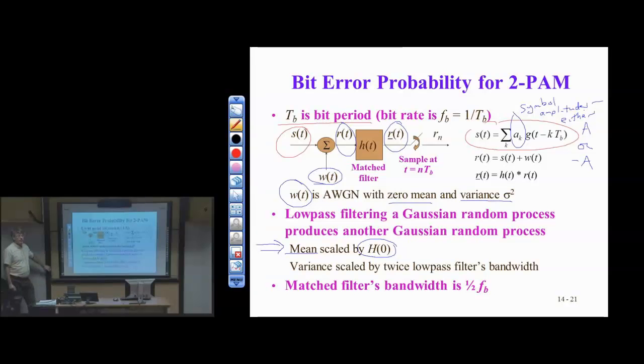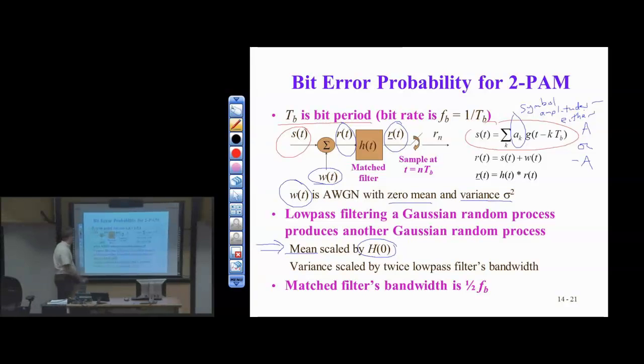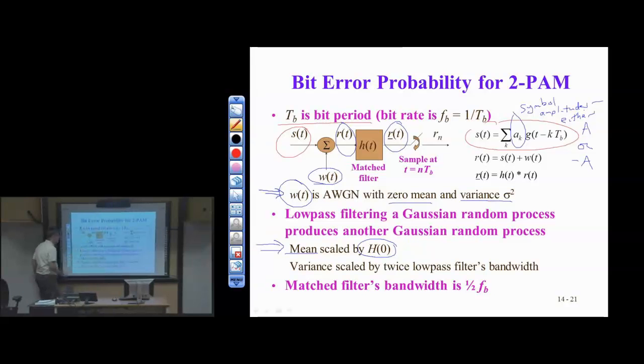Gaussian random process. That's the signal being represented in the frequency domain, right? No, it's the amplitude domain. So we're saying the amplitude statistics of W of t. For any value of time little t, the amplitude is a random number from the Gaussian distribution. And that Gaussian distribution has, in our case, zero mean.